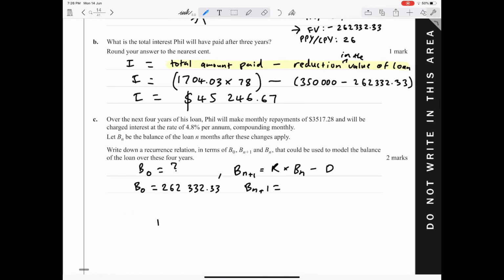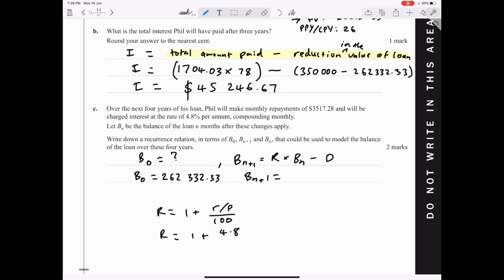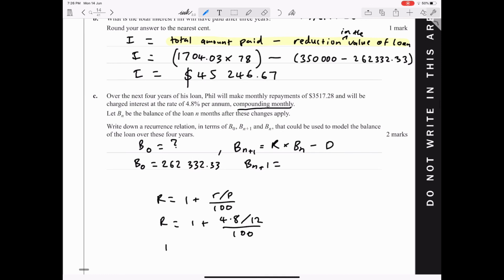To find the value of R, we use the rule 1 plus R divided by compounding periods on 100. We know that the interest is charged at 4.8% per annum, so sub R with 4.8, and P is the compounding periods, which is monthly, so you put in 12 on 100. You put that in your calculator and you get 1.004.